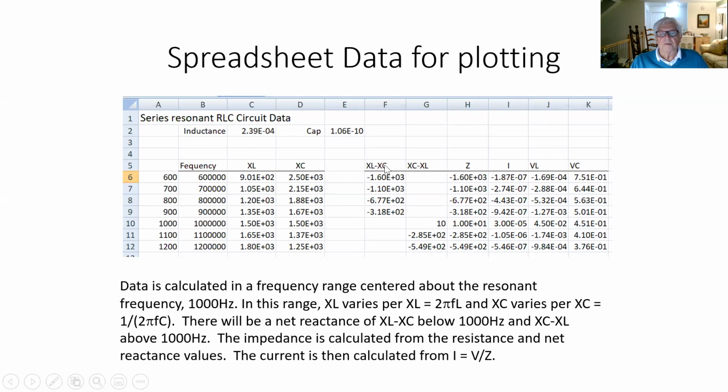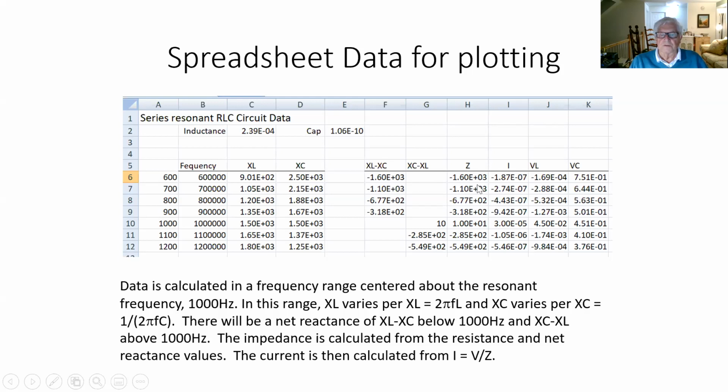We need those differences to figure out the impedance Z. Z is a function of the difference of XL and XC plus the resistor, so it's the square root of R squared plus the difference of XL and XC, squared.